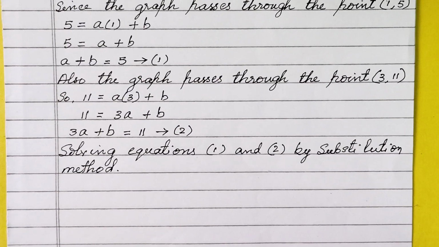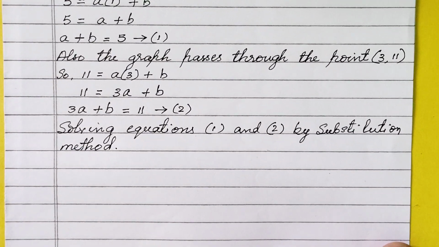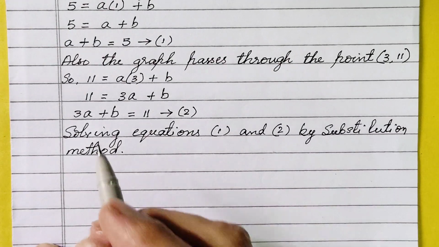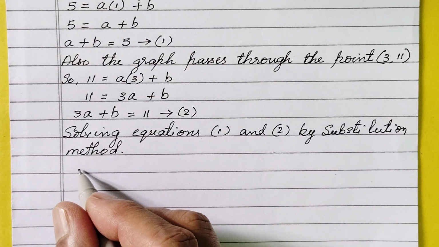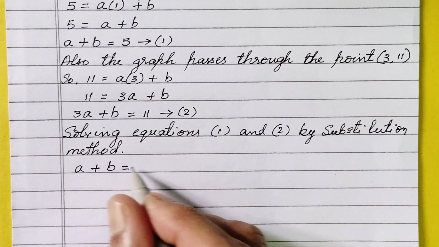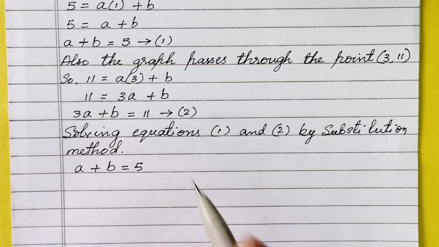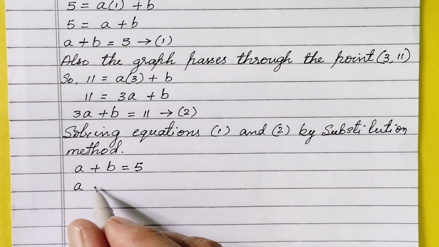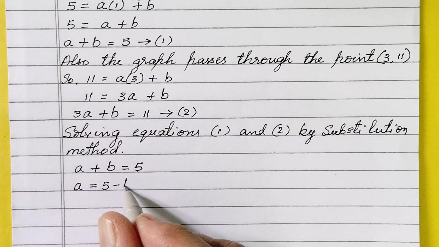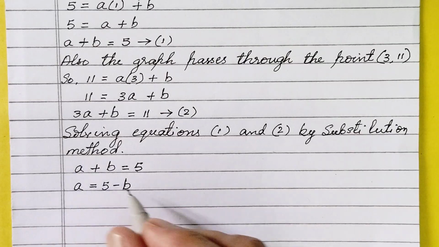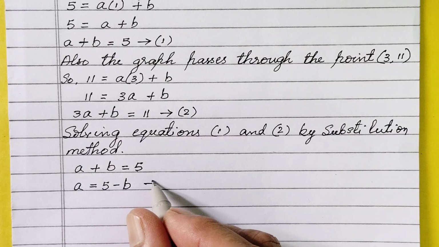So we will solve by means of the substitution method. We will take the first equation, a plus b equal to 5. In this equation, I will keep a on the left side and transpose b to the right side, so a equals 5 minus b. So here I am getting one equation. I will label this equation as 3.